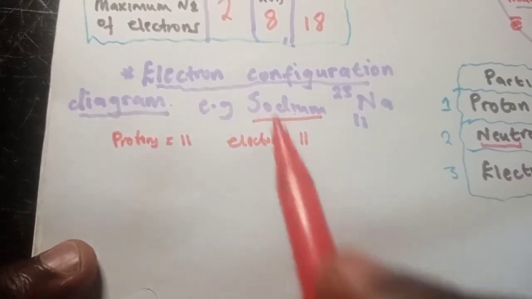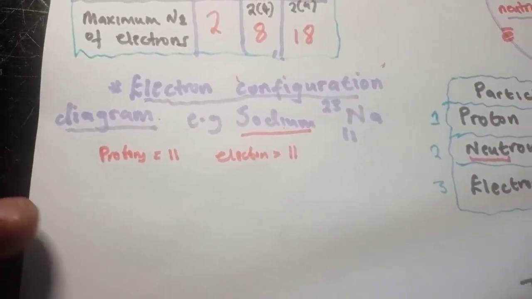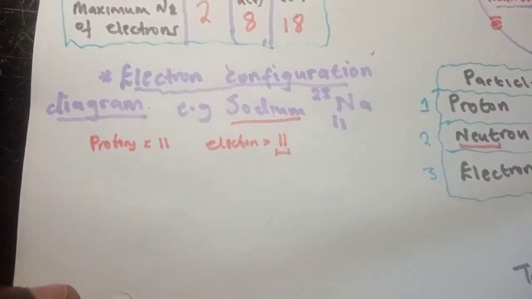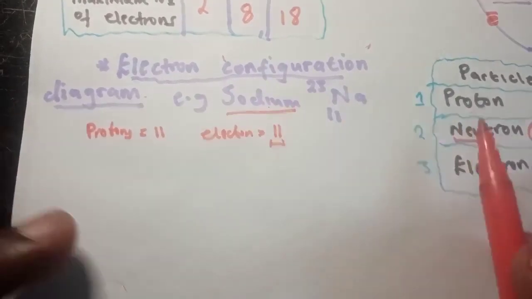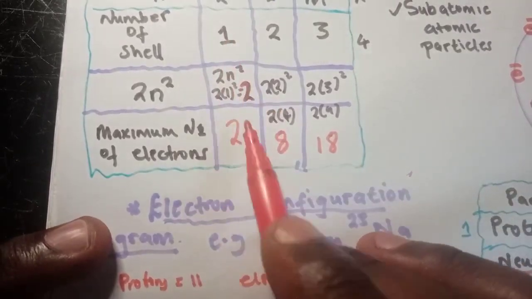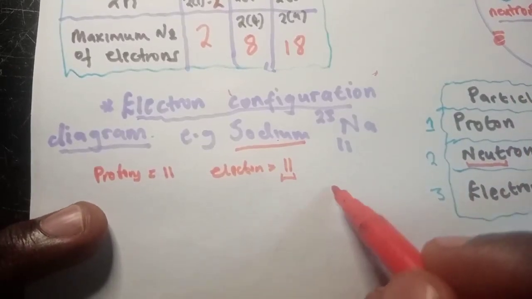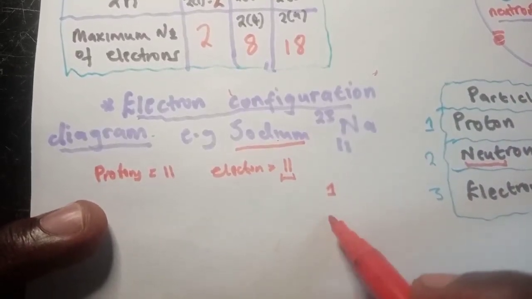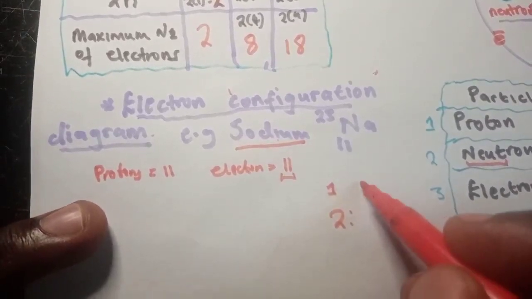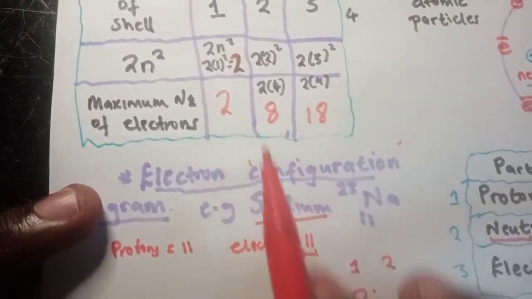So let's look at the configuration diagram. These 11 electrons, how are they going to occupy the shells? You start with shell number 1, which can occupy 2 electrons as the maximum. Then shell number 2 can occupy 8 electrons.